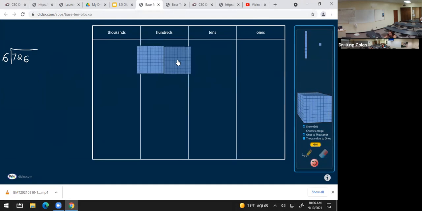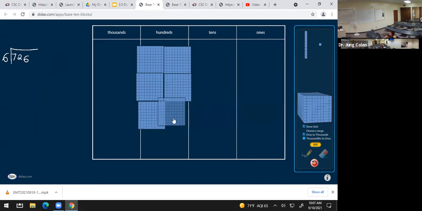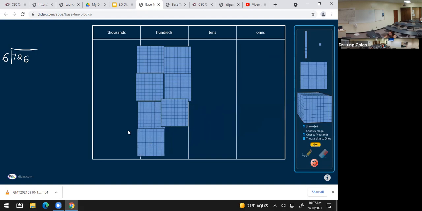1, 2, 3. I wish I had a bigger column there. 4. These manipulatives are very useful, but I still wish there were some more features so I can adjust the sizes, because it doesn't fit in there. I tried different virtual manipulatives too, but that flat was this big, I could not even put 7 in it.